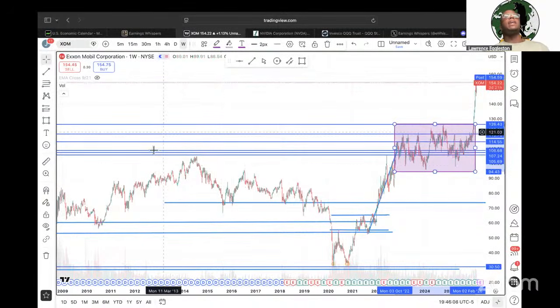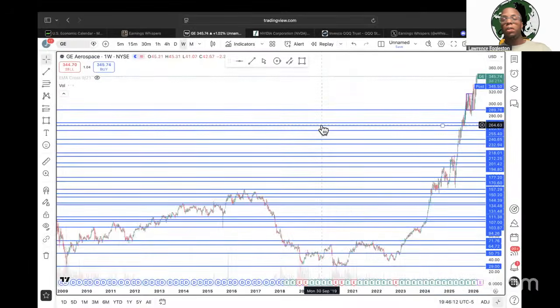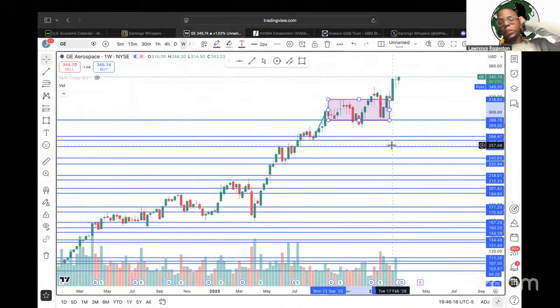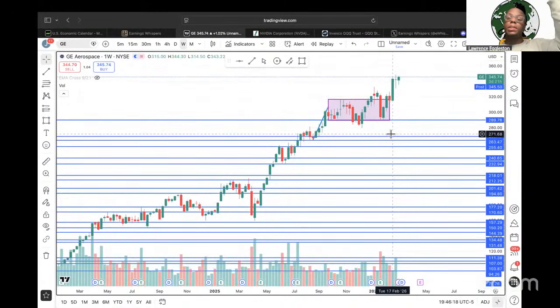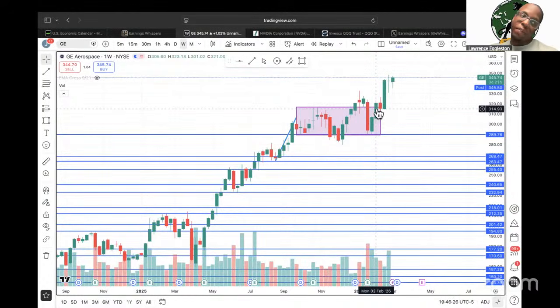So you have XOM, which is doing very well. Of course, you had GE Aerospace, which is one of our 2026 picks. We talked about GE at the beginning of the year. It's done decently well, definitely not as well as Lockheed Martin and a little bit of XOM, but GE is still breaking out.